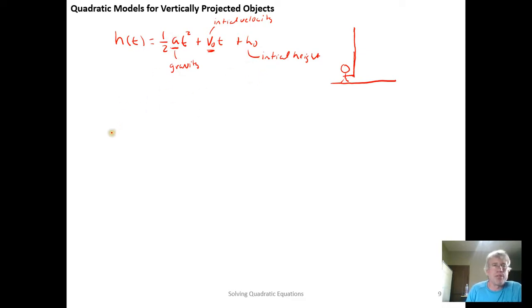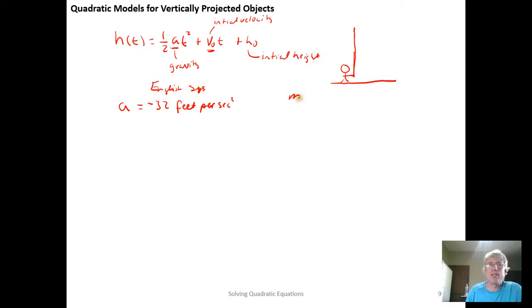For acceleration due to gravity, there are two typical measures that you will run into in your science classes. Acceleration is either going to equal -32, measured in feet per second squared, if you're in the English system of measurement.